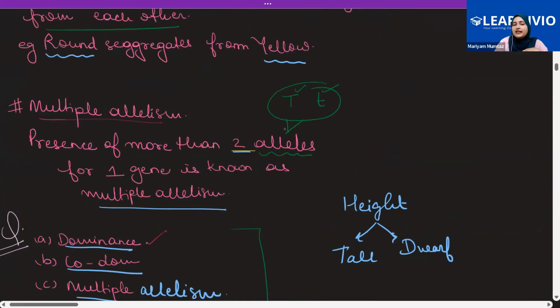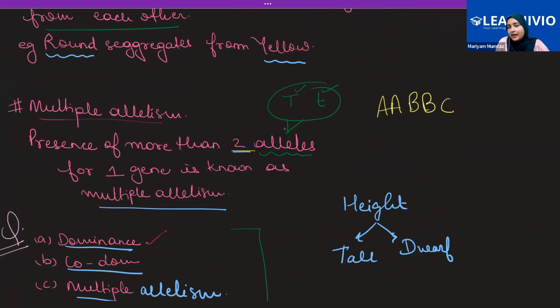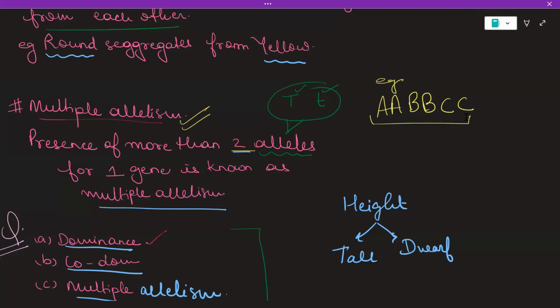Multiple allelism is like several genes, for example capital A, capital B, and capital C. This is the genotype of the darkest skin tone on the earth. So it's like more than 2 genes are governing the whole entire process. So that is what you call multiple alleles. Clear? Yes.